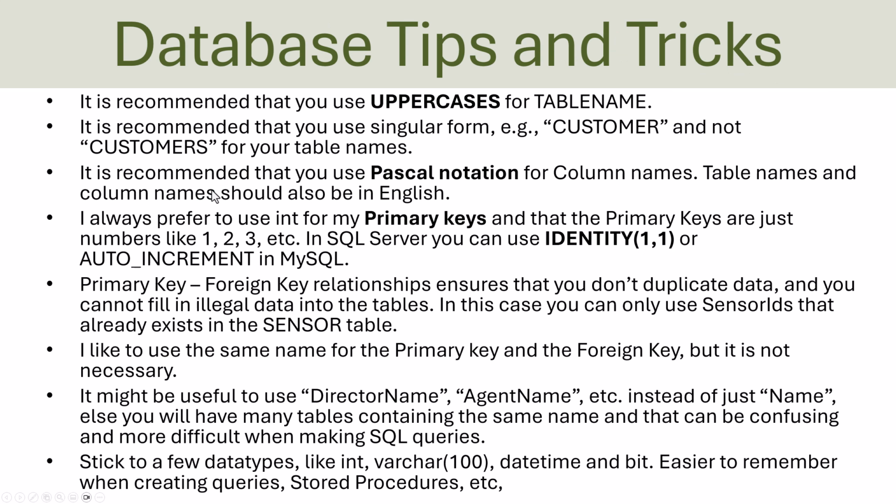And as mentioned, I also recommend that you use Pascal notation for the columns or attributes. And typically you should use English language when naming both the tables and the columns.